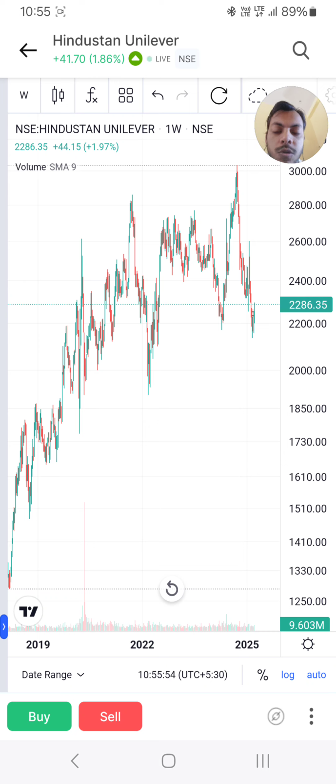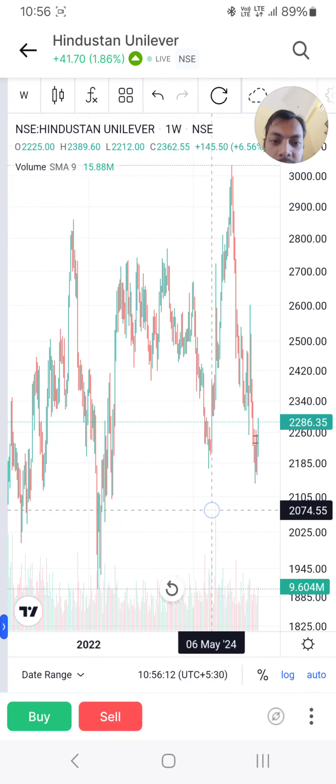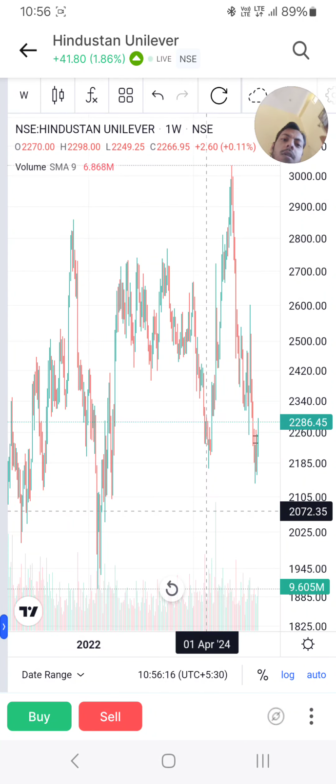After that it broke down, and it came near the major support, that is around 2200. Let me zoom in, then we will be clear. So it was around 6th May of 2024, I think that was vote counting day.